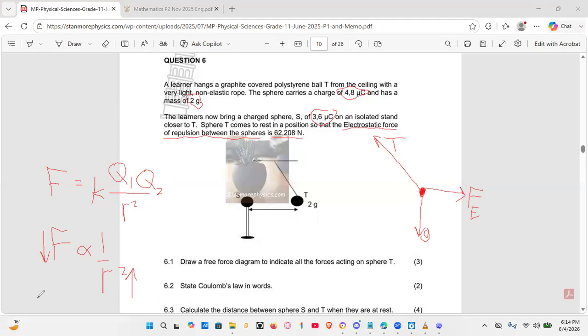Then using the formula, how do you calculate the distance between S and T? So that would be R squared. How would you find the distance R squared?